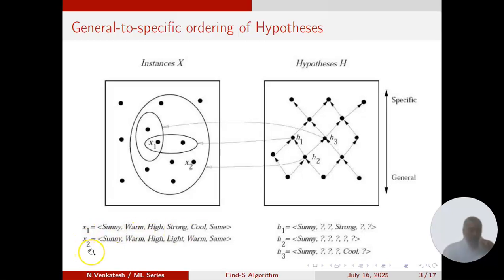And another example, x2, which is same as x1, except that the wind speed is light and the water condition is warm.